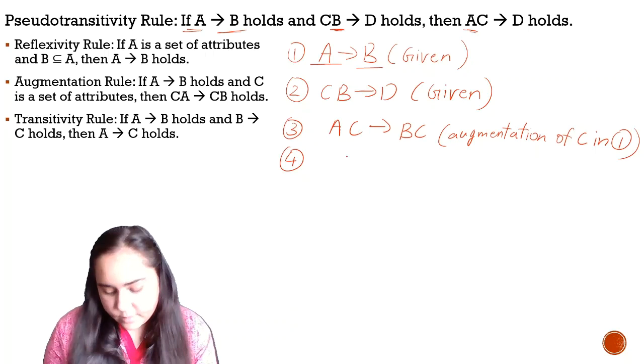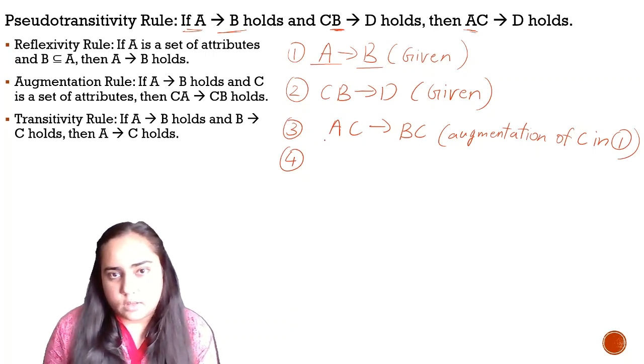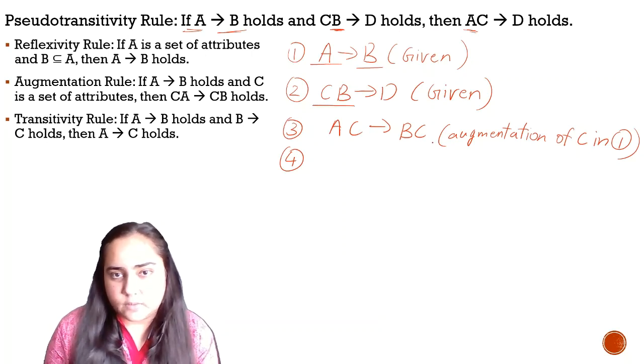Now, as a fourth step, using these things that are available, I can see here that this is BC and this is also BC.